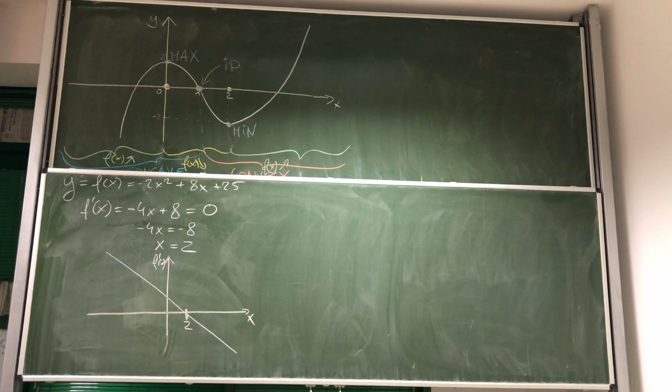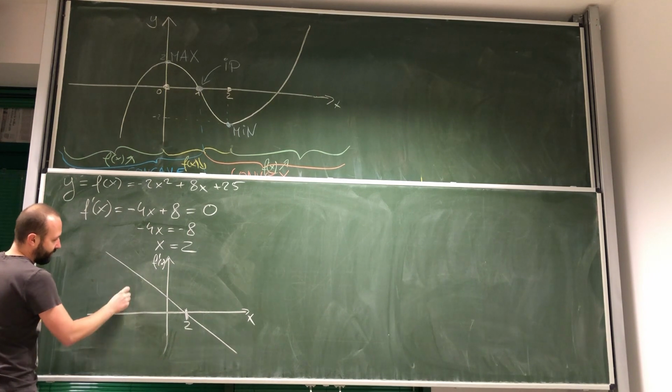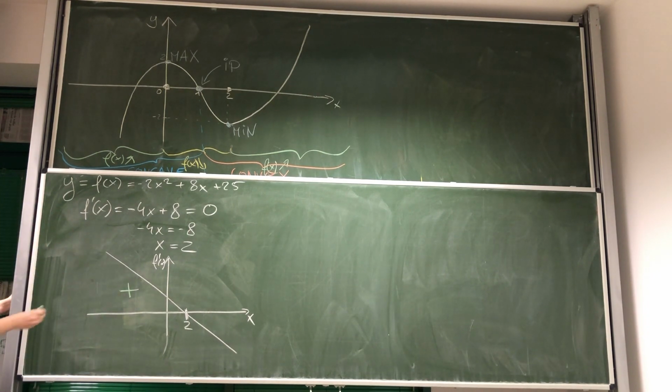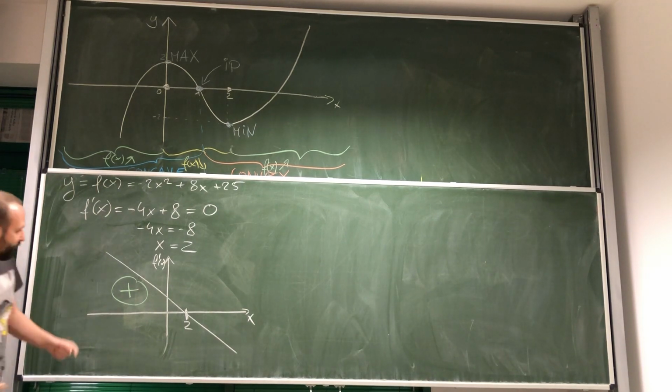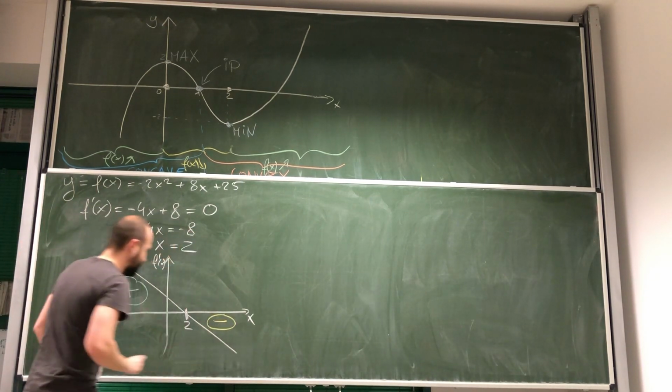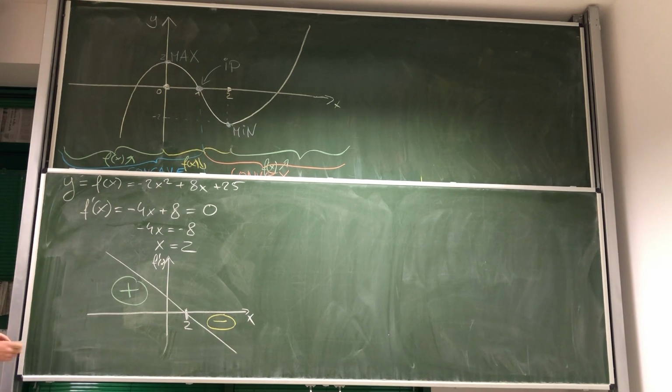Okay, so what do we see now? We see that the derivative here is positive, right up to 2, and then over here it is negative. What does it tell us?